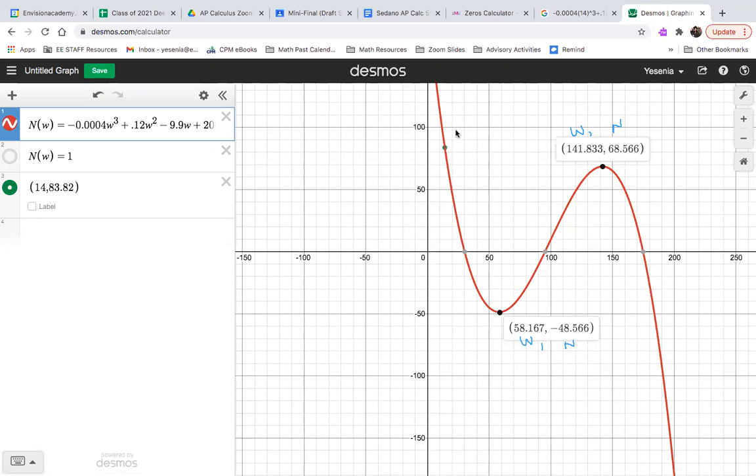And this one was 14, 83.82. And remember at this point right here, 83.82, this one gave us the maximum amount of workers. For number 1, that's what we were asked to do.